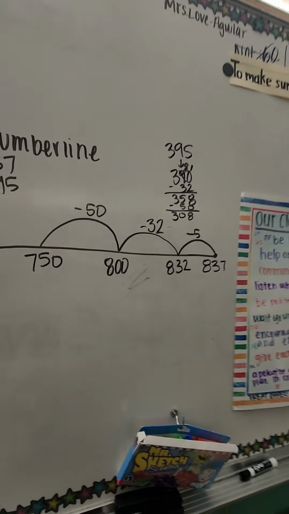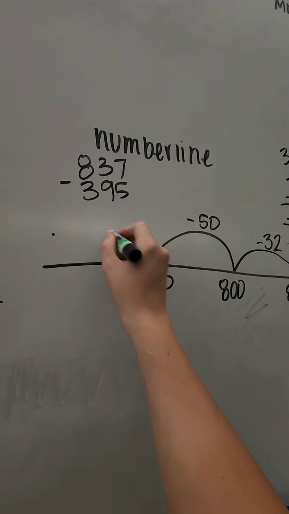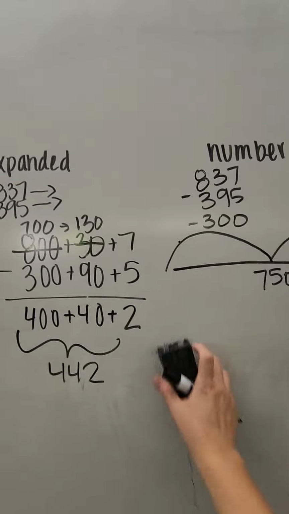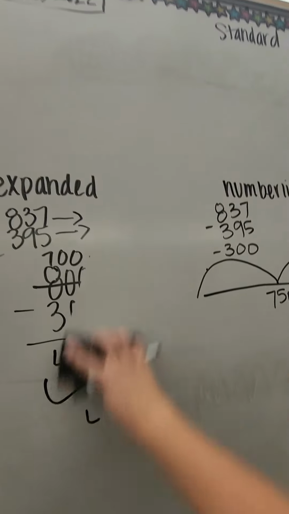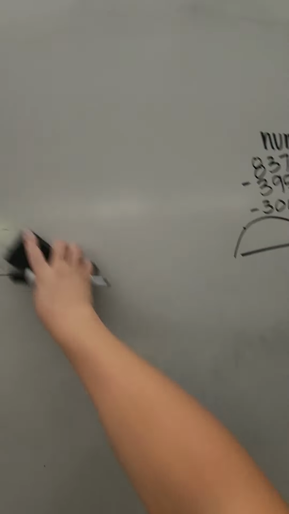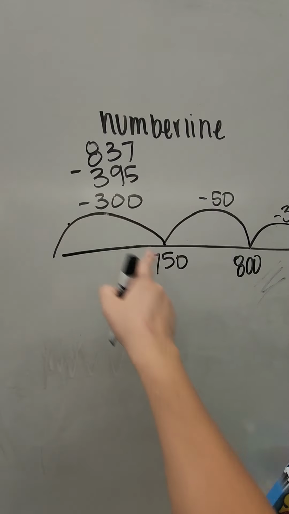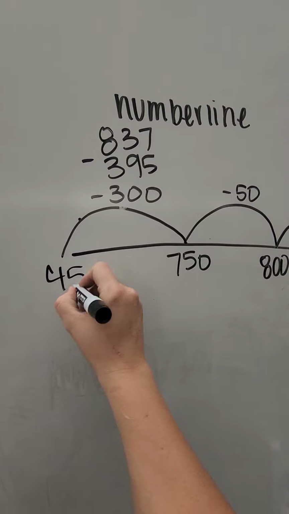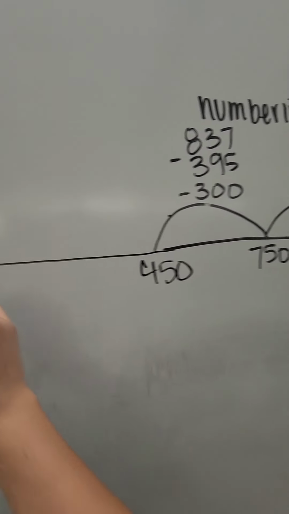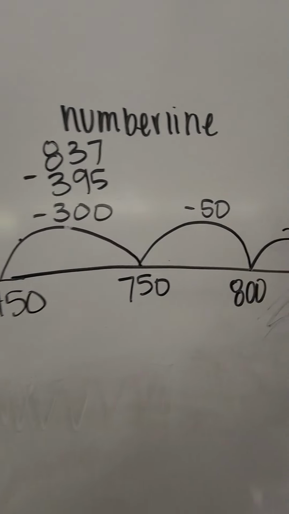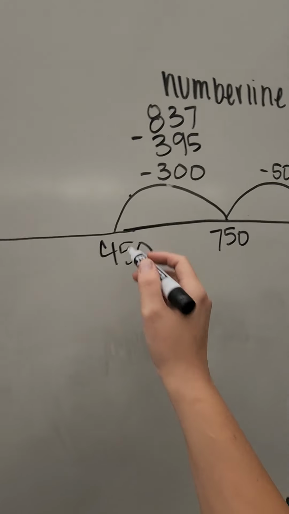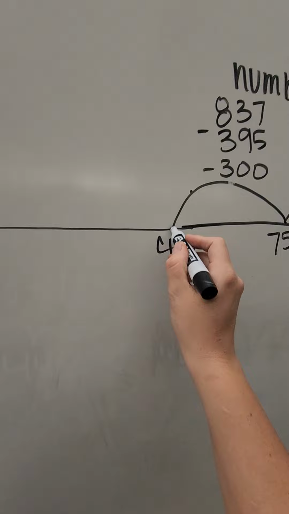Okay, how about let's subtract 300. I'm gonna have to expand out my number line. Okay, so that was minus 300, so that is 450. Okay, so now I just need to subtract that last 8. So now we're gonna count back 8.